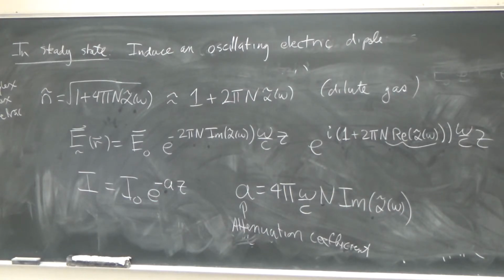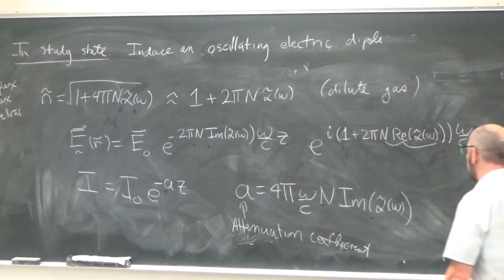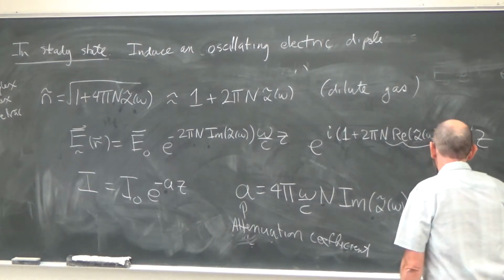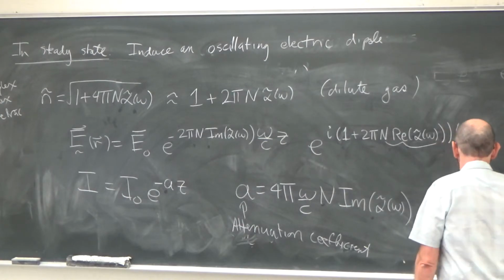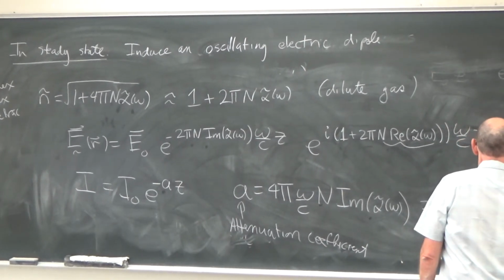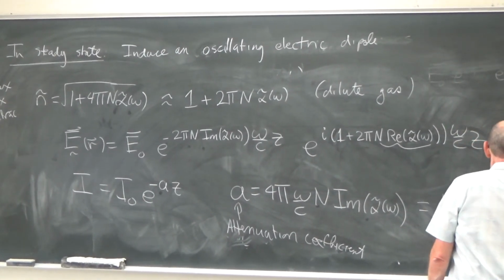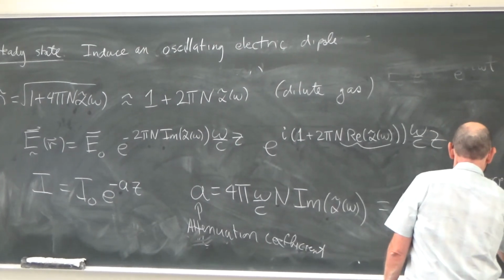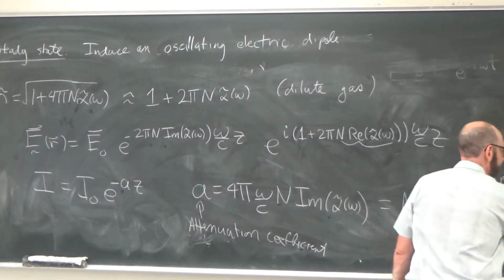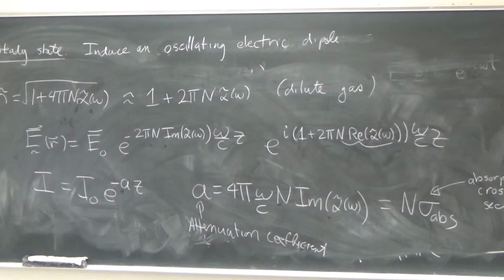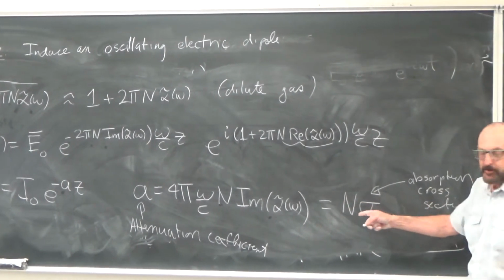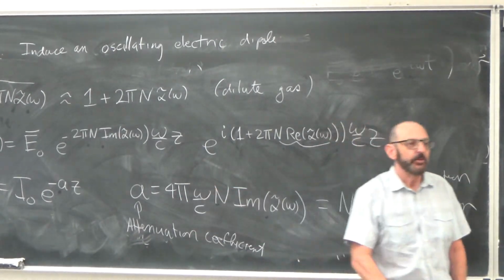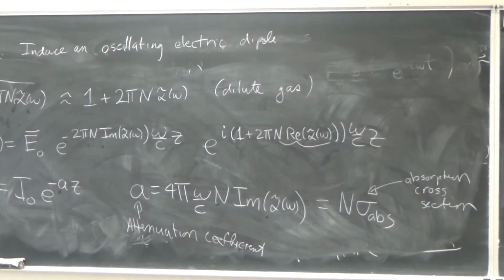I can also express this, if I like, and sometimes I like, in terms of a cross-section. Right? This is an area. This is a 1 over volume. Therefore, this is the effective length. You can think about it as the mean free path for absorption.